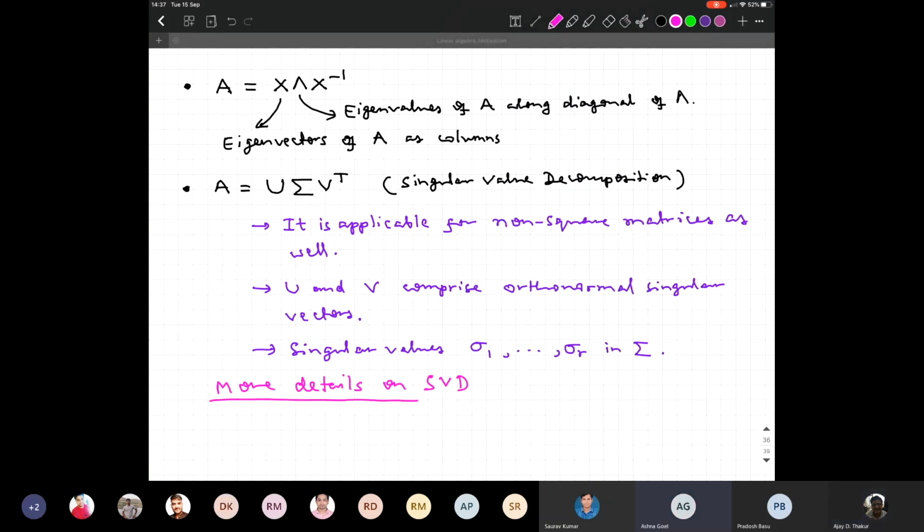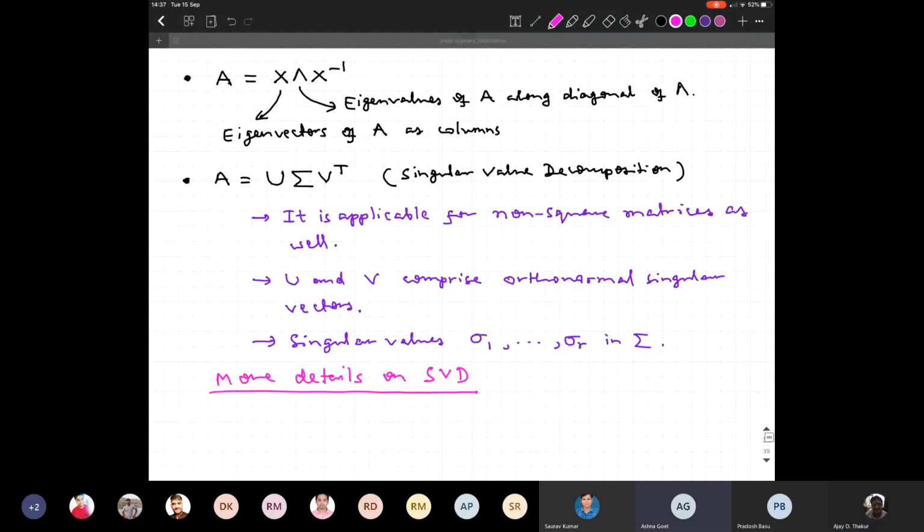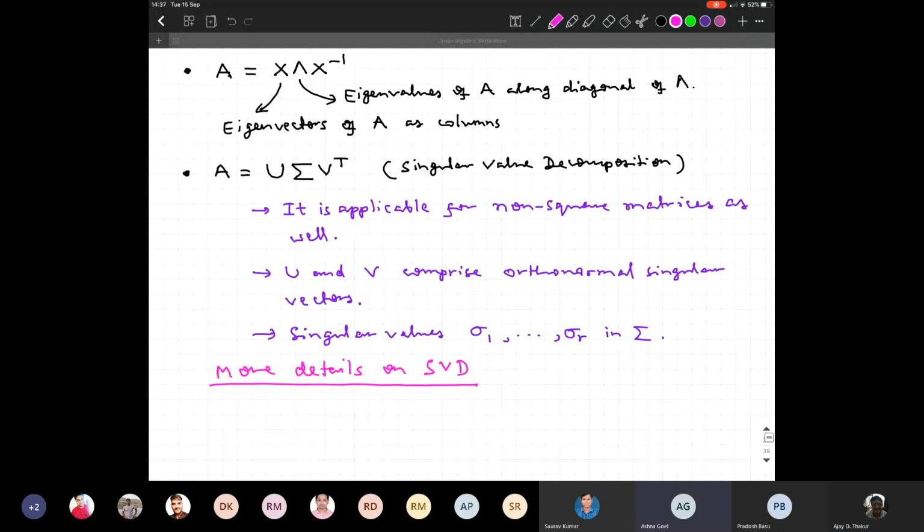Sir, why are we focusing more on the orthonormal vectors or orthonormal matrices, as in A equals QR, where we also take Q as orthonormal? Okay, so it is relevant. We will see when we look at some physical examples from applied maths and physics that it's much more convenient to work with such vectors.